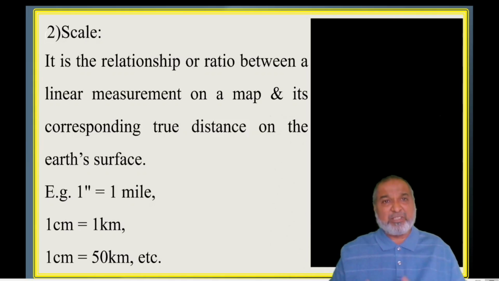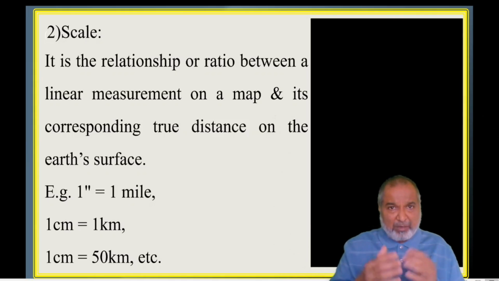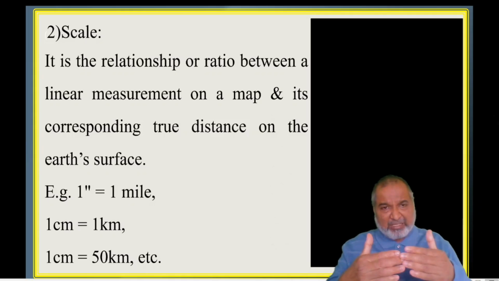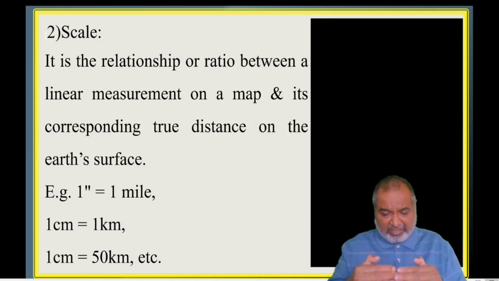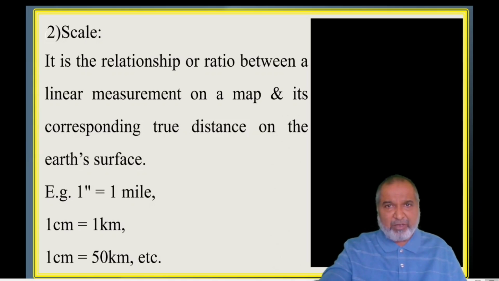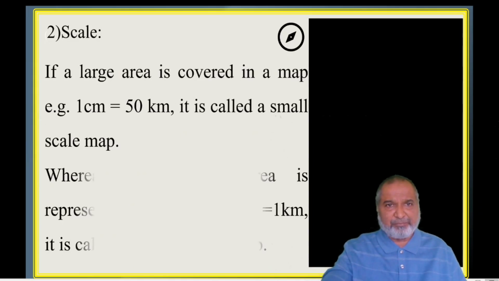Whatever scale we use in that particular map, we have to mention it, and it is written exactly below the map once it is complete. You can easily find the scale there. That also will be seen when we go through the exercises part.